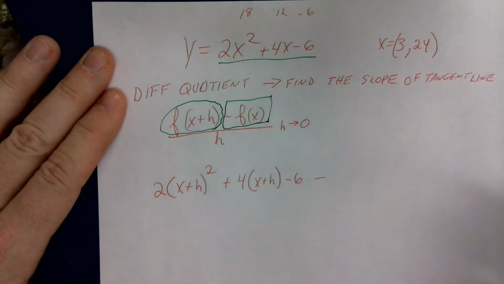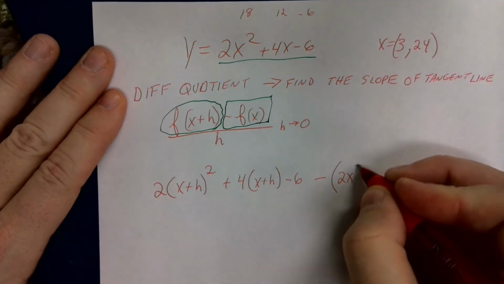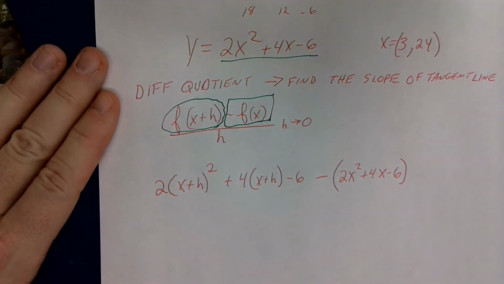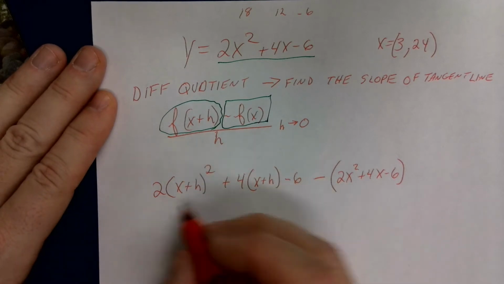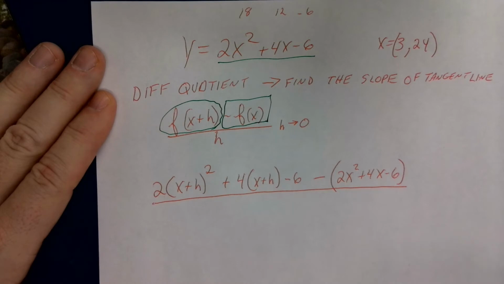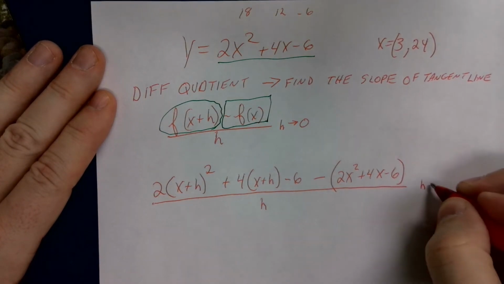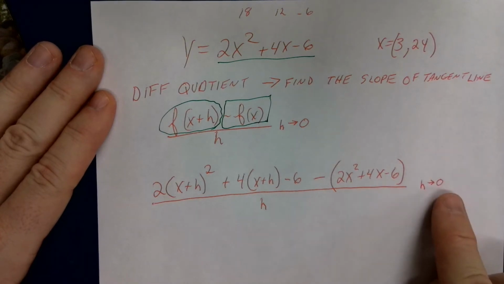So I'm going to subtract the original function, 2x squared plus 4x minus 6. Everybody okay with that? And all of this is divided by what? h. And what is our rule for h in this problem? It's going to approach 0.